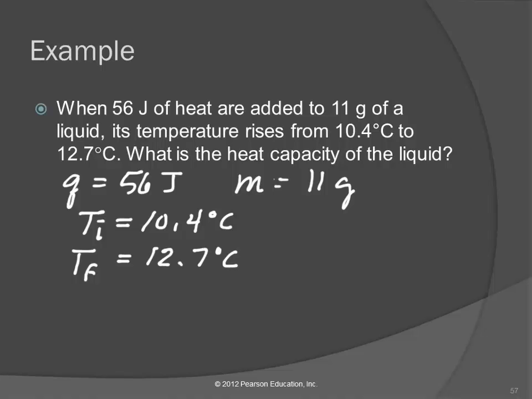And sometimes the temperature falls, and then Q ends up being negative, and that's okay. So delta T equals final minus initial, so 12.7 minus 10.4, which is what, 2.3? 2.3 degrees Celsius.